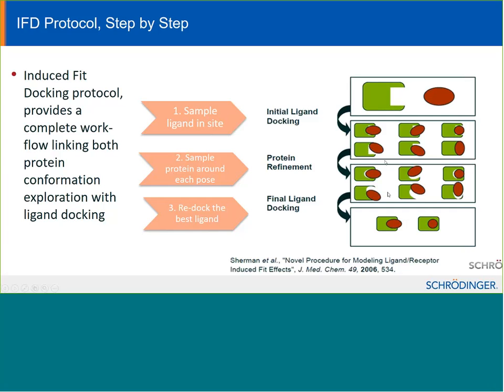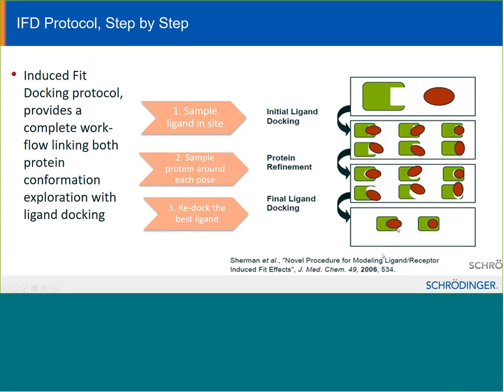So we're only capturing things at the top of that energy window, the best scoring things, from this round and from this round. And in the end, once we've modeled the protein around the ligand, we then go ahead and redock that ligand to get a sensible number so that we can actually start to quantify things. So in this respect, what we've done is conformationally sample the ligand and the protein at the same time so that they can accommodate one another.